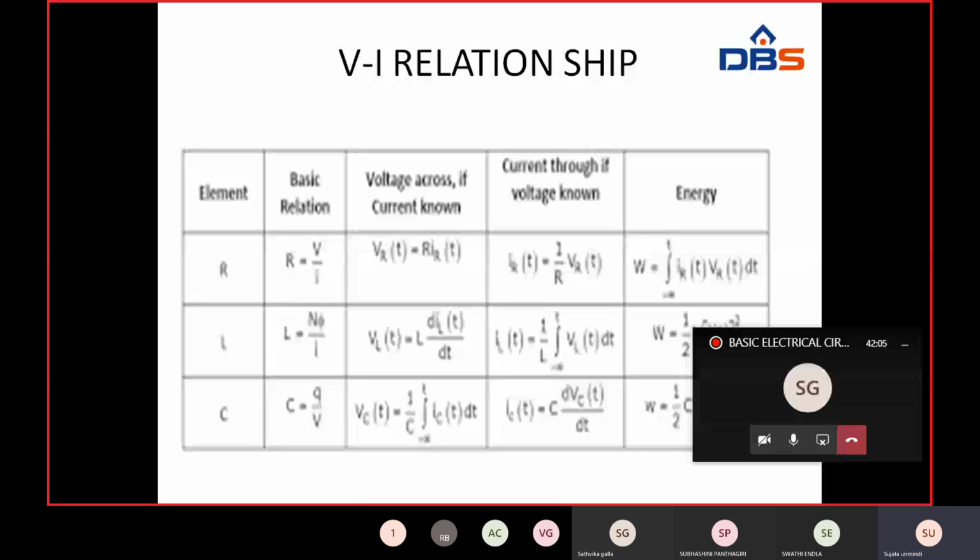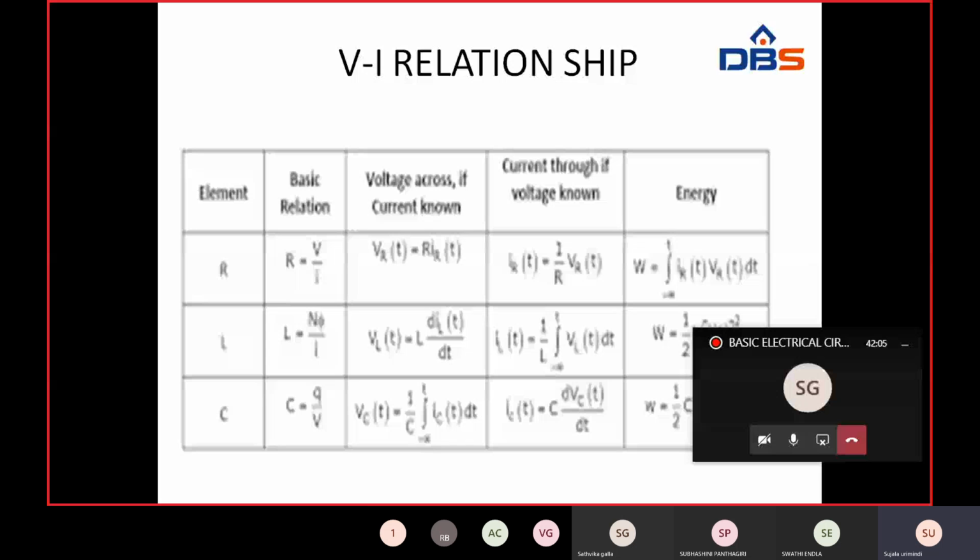Why are we using Kirchhoff's laws? To find out the voltages and the currents. For any circuit or network, we have to find how much voltage, how much current and how much power there will be.